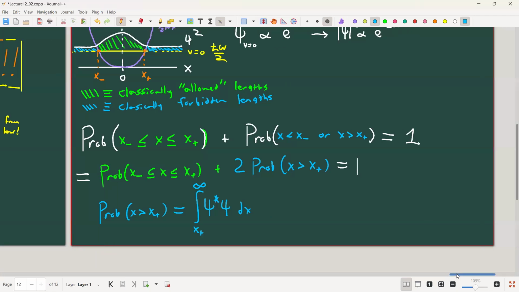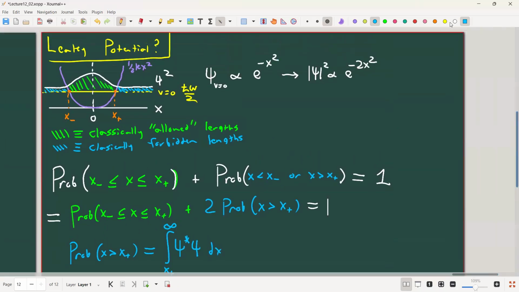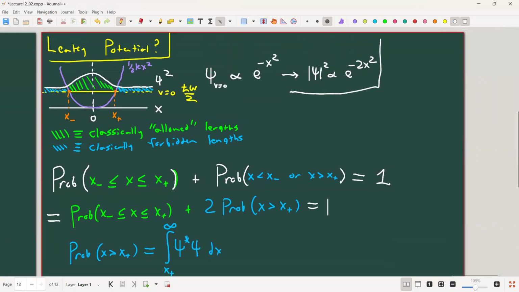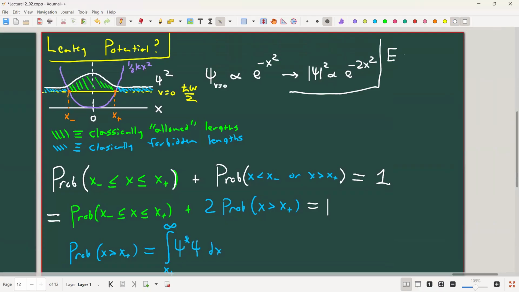So let me just write this on the side. It's a pretty easy calculation to do. We know that the total energy of this system is 1/2 h bar omega. That's what we defined. And this energy intersects the potential at that point, at x plus.